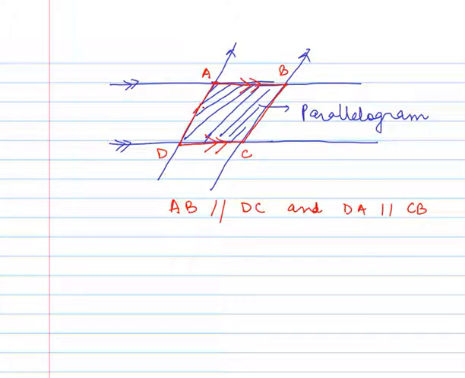Double arrows over here mean these two lines are parallel and these two lines are parallel. So I will again redraw this parallelogram over here.